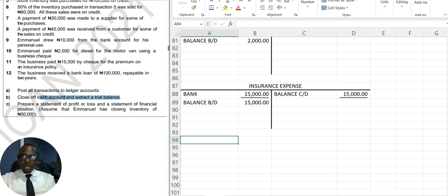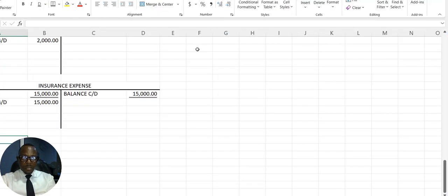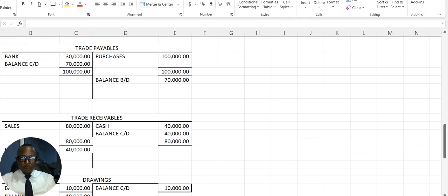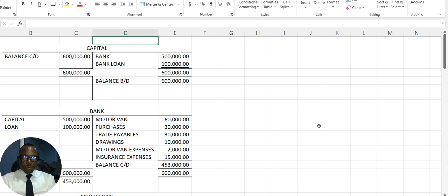If you are to extract a trial balance, then let's bring it here like this. All right, so we're going to create a trial balance now for all.